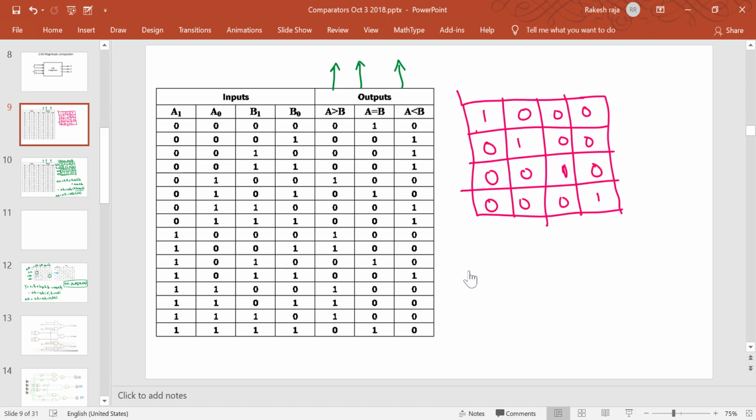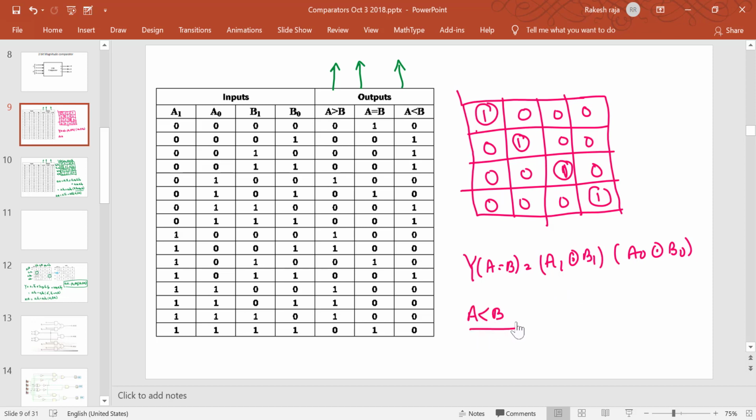So that means you are going to get the output for A equals to B as A1 XNOR B1 multiplied with A0 XNOR B0. So please try to take each isolated output minterm, then try to take the common terms. You are going to get an expression of exactly 2 XNOR gates, a multiplication of 2 XNOR gates. Similarly, you also try it for A less than B.